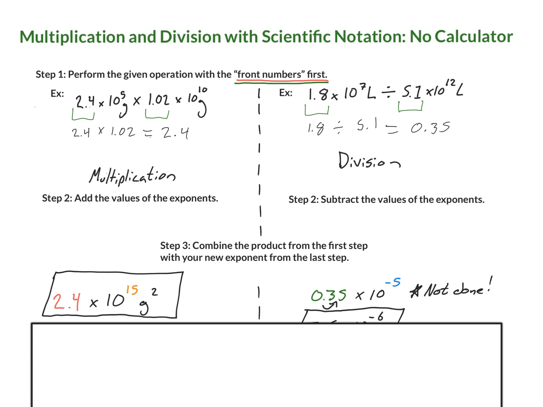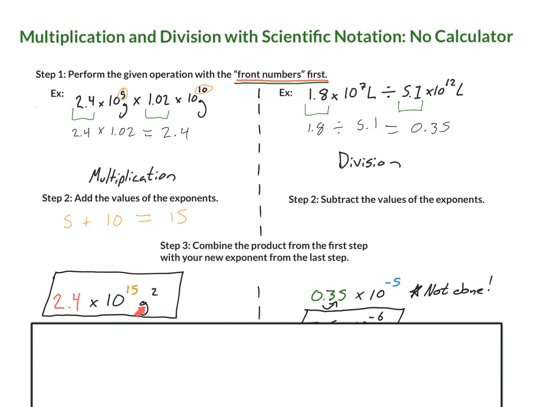So I have a 5 and a 10, so I'm just going to say 5 plus 10, right? What does that get me? It gives me 15. So what I do is I say, okay, 2.4 times base 10 to the 15.